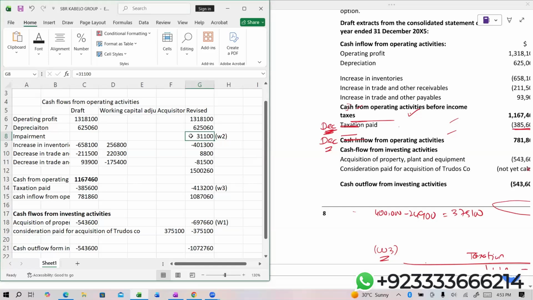After that, give the explanation that impairment loss in goodwill has reduced the operating profit of the group, but impairment loss itself is not a cash outflow. That is why under operating activities, we add back the impairment loss. This much explanation for impairment loss of goodwill is good enough.